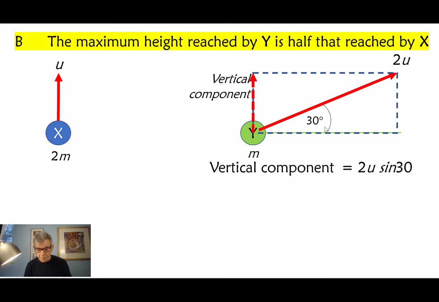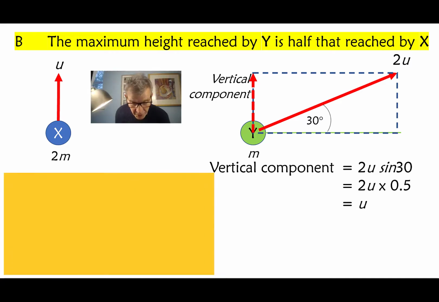So vertical component is equal to 2u sine 30. Sine 30 is 0.5, and that comes out to be u. So both x and y have the same initial vertical velocity. They've both got a vertical initial velocity of u.